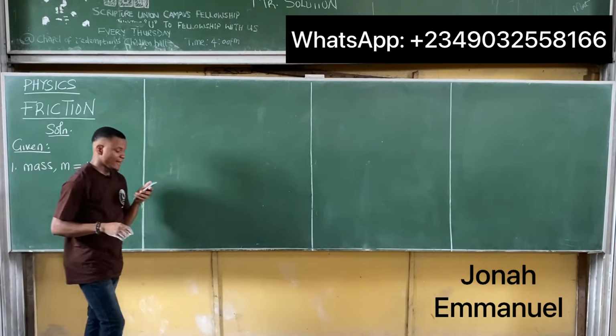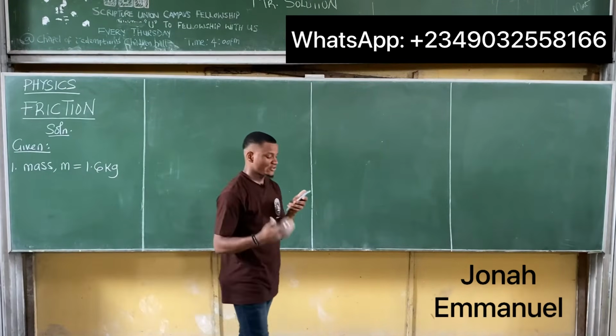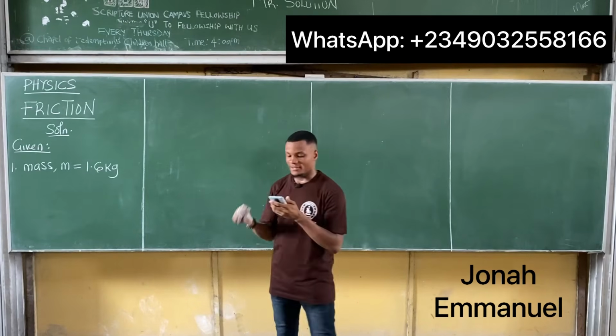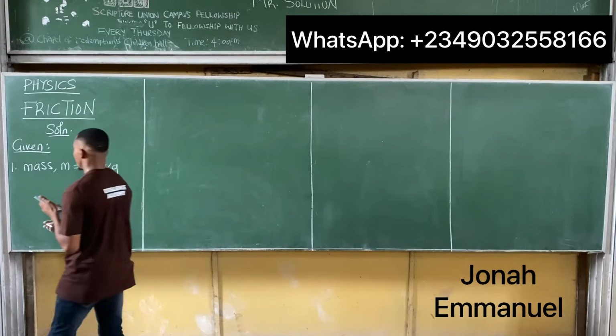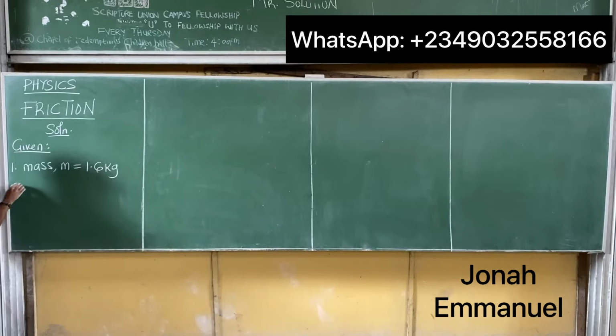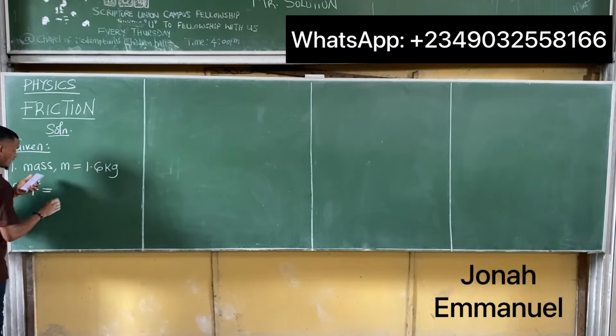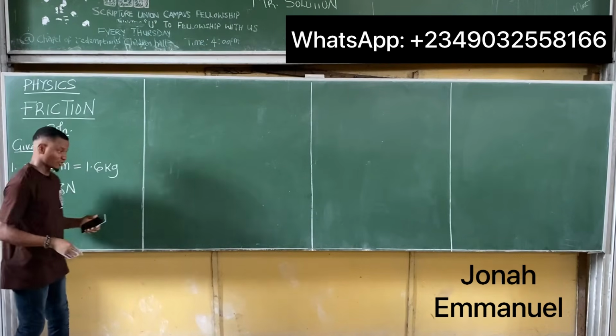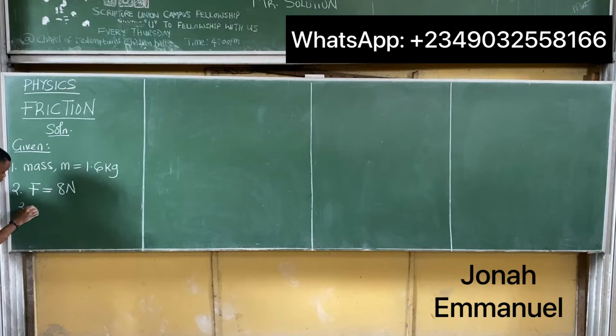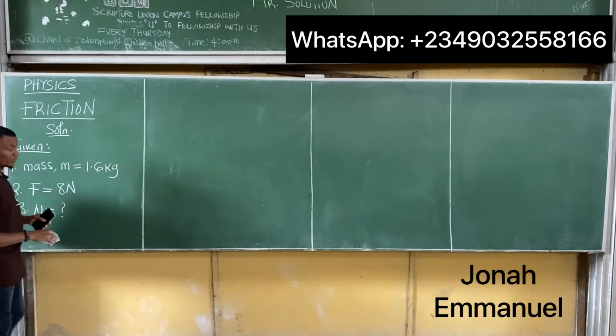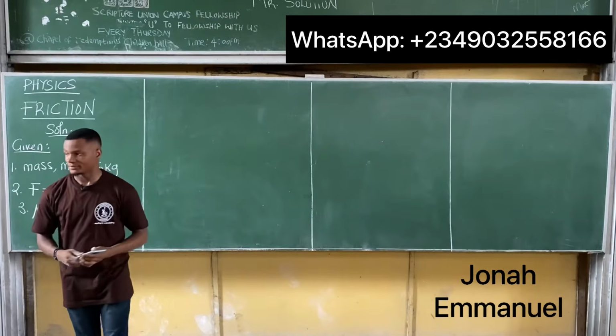Number two, the limiting frictional force is 8 Newtons. They ask for the coefficient of friction, so number three, mu, the coefficient of friction, is unknown. So let's solve this.